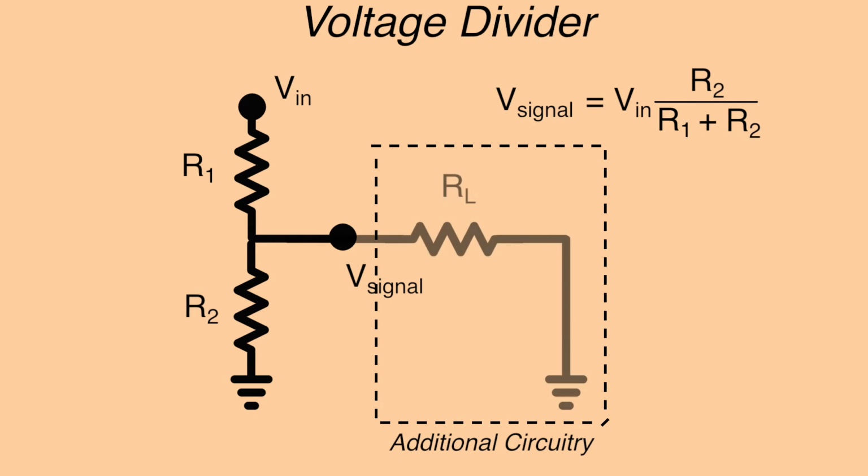Let's model that circuitry as a resistive load R sub L. It should be apparent that unless R sub L is very large as compared to R2, the presence of R sub L will alter the value of V signal. In other words, if R sub L isn't a large enough value, it is said to load down the output of the voltage divider.